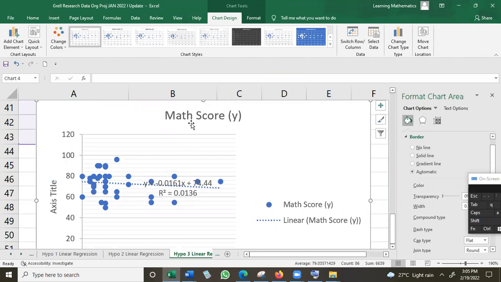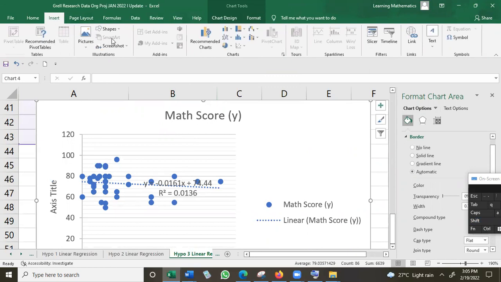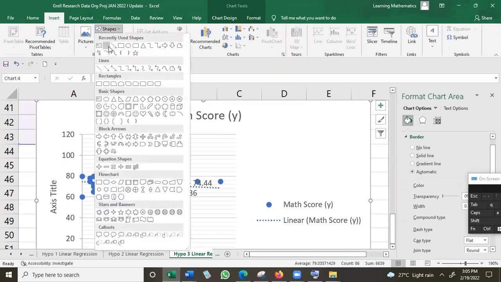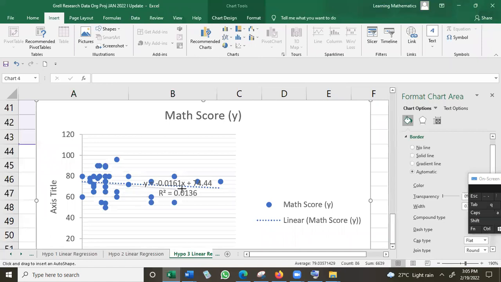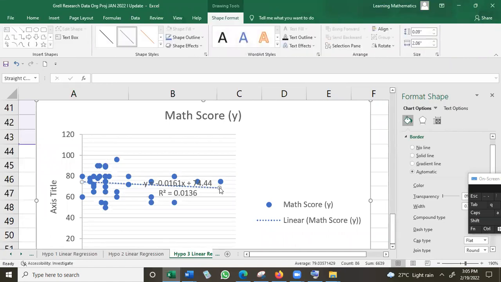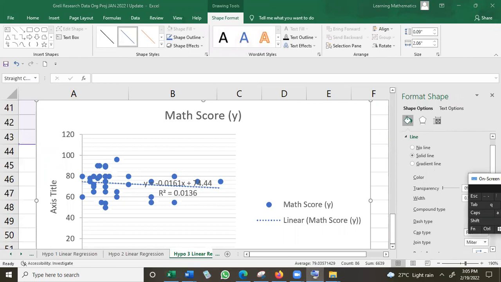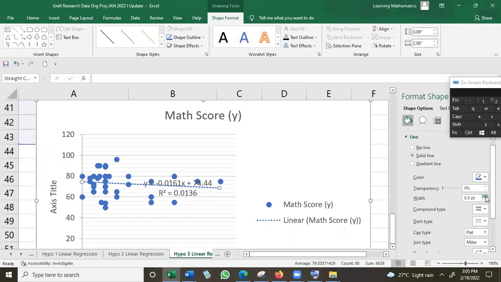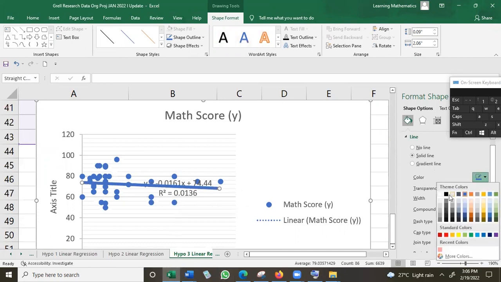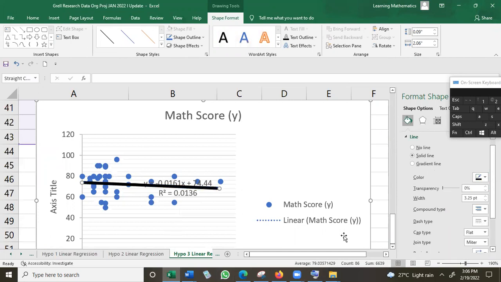This line shows you the behavior of the math score, okay? Just to make this line more visible, here it is, it's dotted. But you can appreciate the fact that it was obtained using real values from a survey, okay? So from survey to a line on a graph, okay? And as you can see, according to this line, the score decreases because this line shows you the behavior of the score, the y variable, as the time increases.